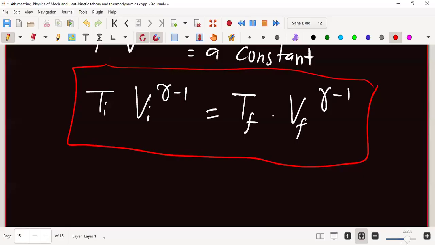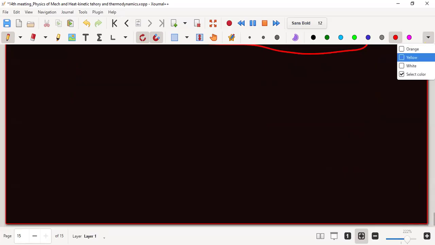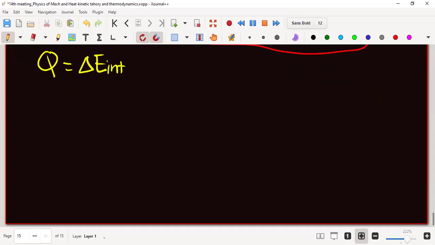Okay, we can prove the equation for adiabatic. By the first law of thermodynamics that we remember, Q is the change in internal energy plus work, or we can write that delta internal energy is equal to Q minus work.